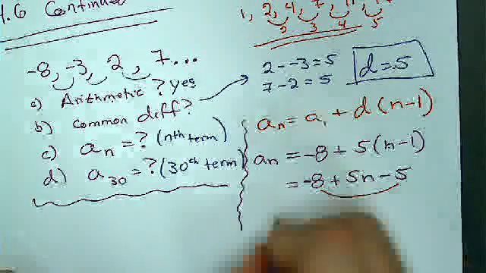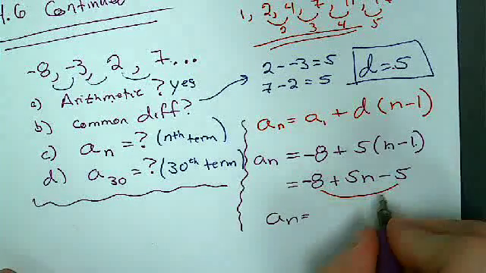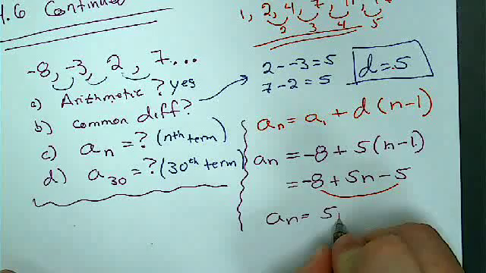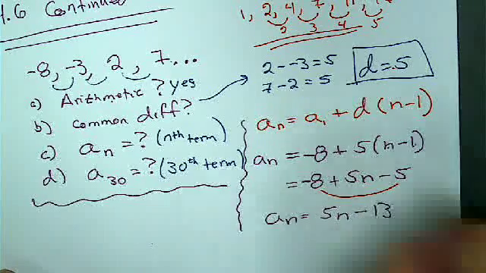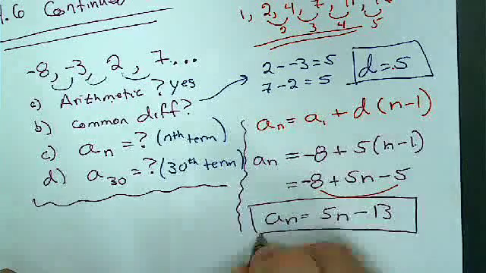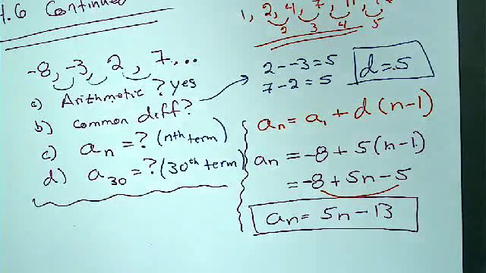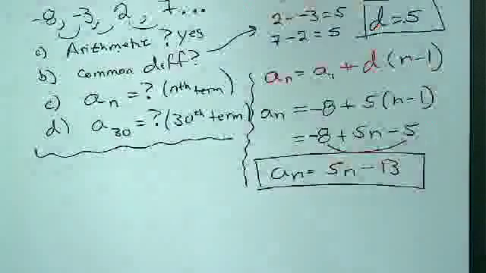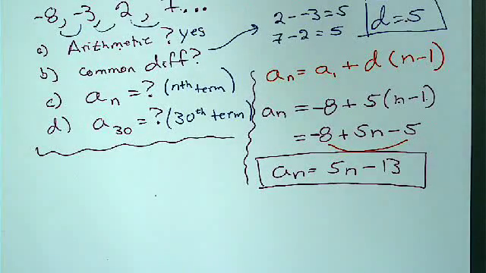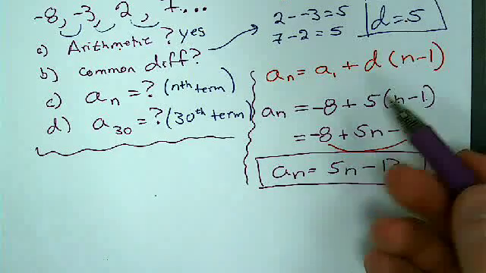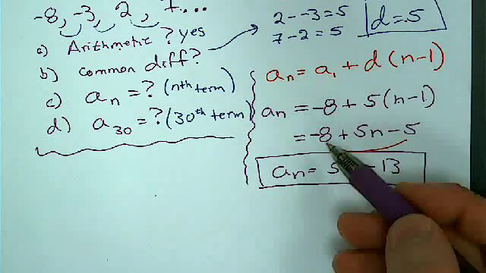And I'm left with a sub n is going to be 5n minus 13. Like I said, that's one more step than what we were practicing on Friday. The good news is it's just distributing and then combining like terms.